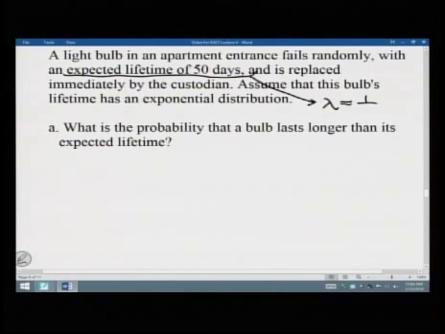It's 1 over 50. Does that make sense? Because lambda is the mean rate, not the mean time. In this case, this is the mean failure rate. The light bulb fails once every 50 days, so it's per day: 1 over 50 per day. That's going to be lambda.